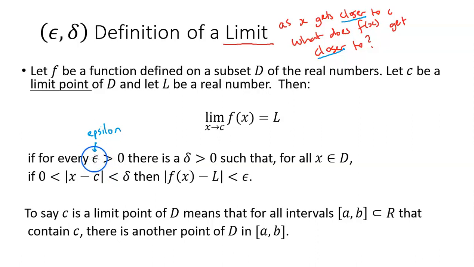No matter how small you make this epsilon, I can find a delta that is also bigger than 0, such that for all x where |x minus c| is bigger than 0 but less than delta, we don't care about what happens when it's equal to 0, then the function value at x minus L in modulus has to be less than that epsilon value that you gave me.